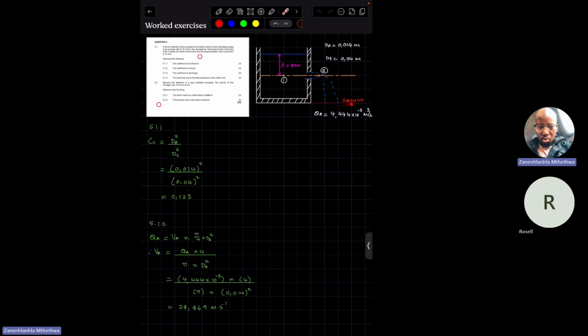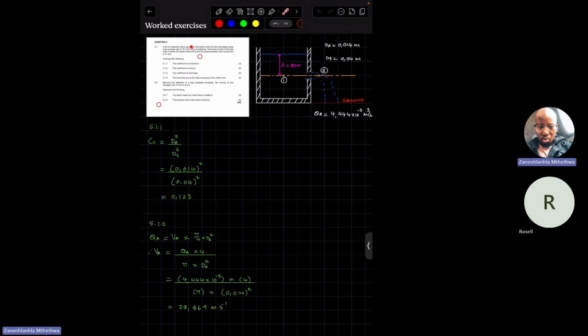Now we're also given Q here, right? They said the average rate is 16 cubic meters per hour. Now the standard unit of measurement for the flow rate is cubic meters per second. So obviously you'd have to convert the cubic meters per hour to cubic meters per second.